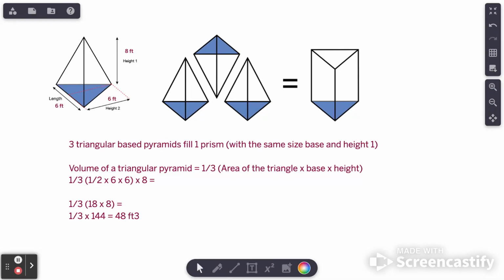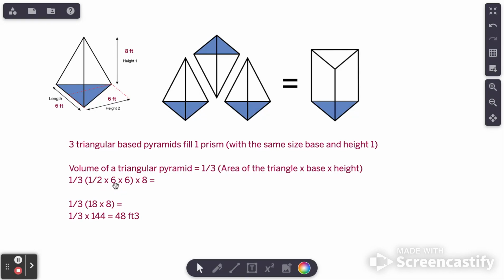And we know that in order to find the area of a triangle, we need to do 1/2 of the base times the height of that. So in this case, it's a 6 by 6. So it's got a base of 6 and a height of 6 of this base right here, and a height of the pyramid of 8. So we would just need to do this first.